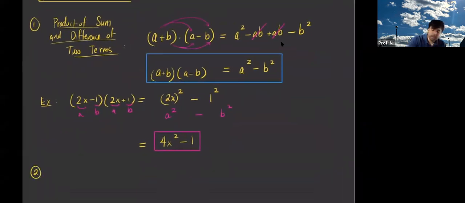The other one is called the square of a binomial. So the square of a binomial is, for example, (a + b) squared. If I have a plus b and I square it, what's the result? Does anybody know?